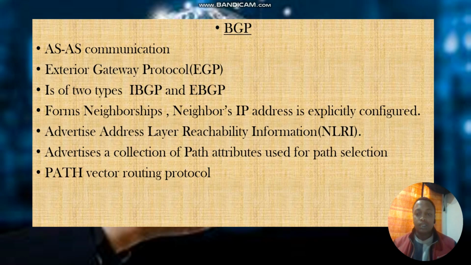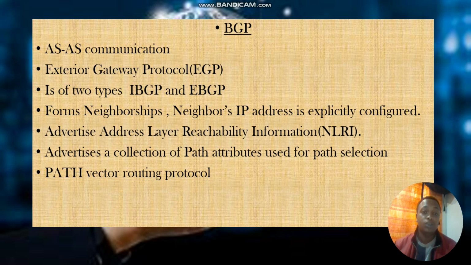Let us now look at an exterior gateway protocol, which is BGP, and this helps us to communicate from one autonomous system to another autonomous system. Remember, we talked about an autonomous system being a system under one administrative control. So BGP helps us to communicate between two networks with two different administrative controls. It's an exterior gateway protocol, and BGP is of two types.